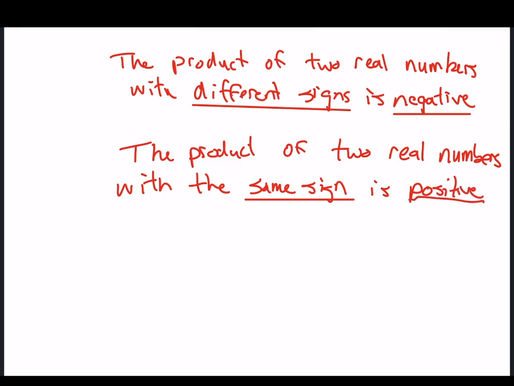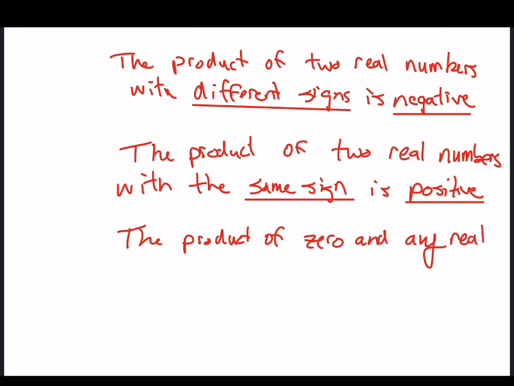And then finally, the product of 0 and any real number is 0. So if one of your factors in a product is 0, then the product is 0.